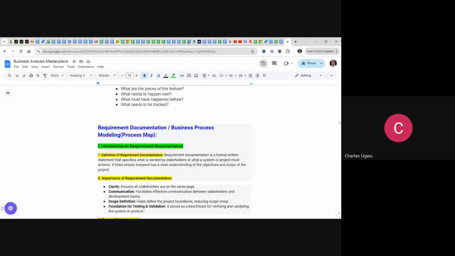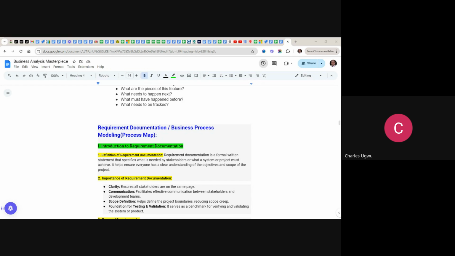Just like I said earlier, last time it was requirement gathering, and after requirement gathering, the best thing is to proceed to document the requirements gathered together from stakeholders. So what is requirement documentation?